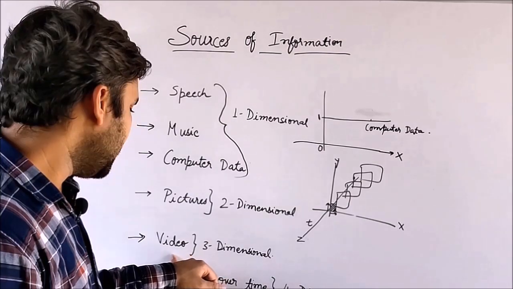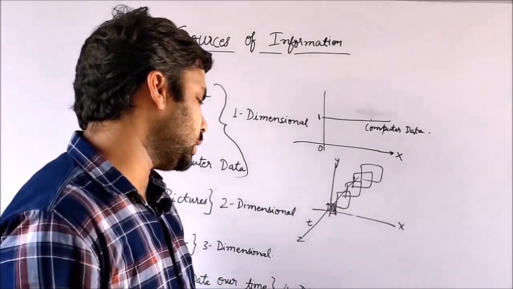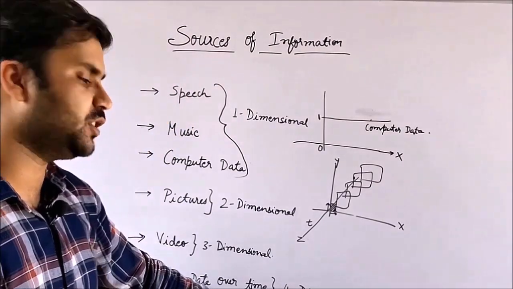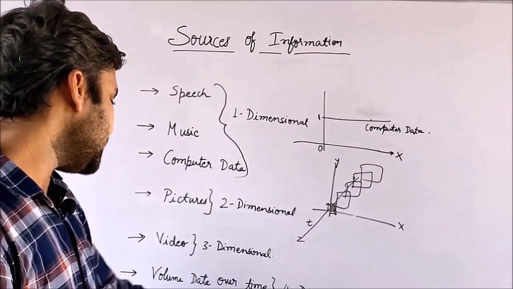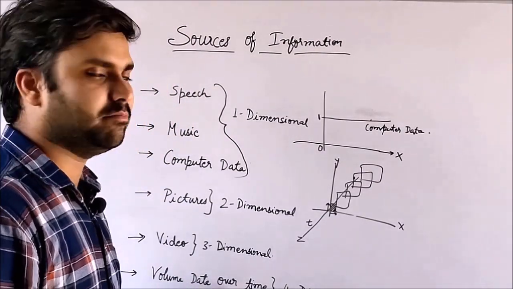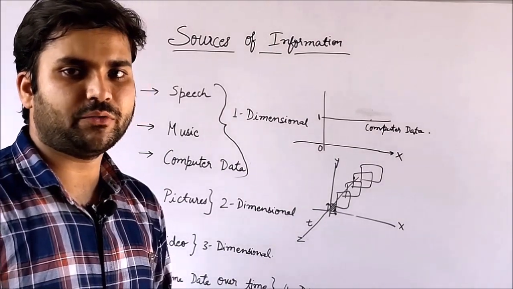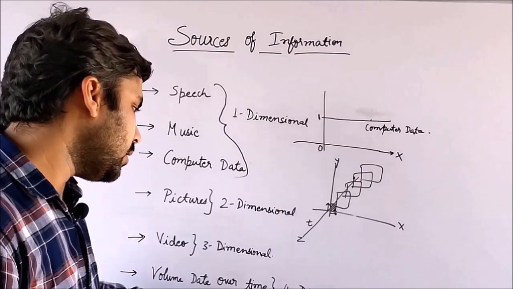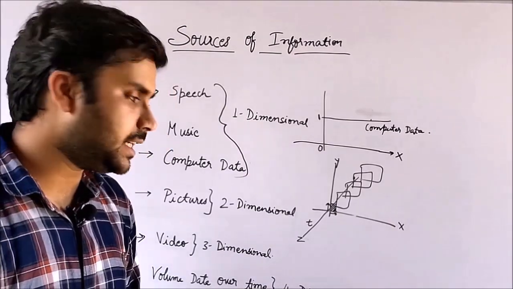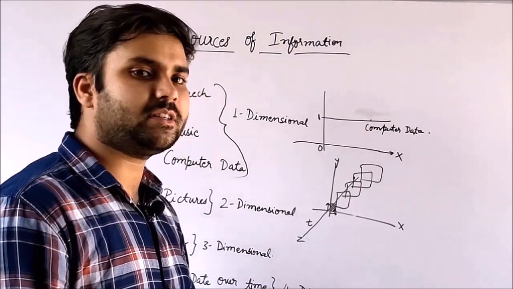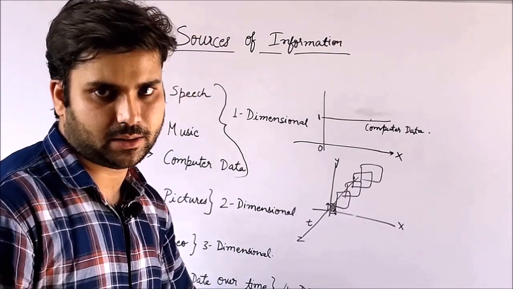Okay, now there is one more hypothetical dimension, the fourth dimension. What is this? This is volume data over time. If a certain amount of volume of data is processed over a certain time, then it will be considered a four-dimensional source. This is hypothetical.